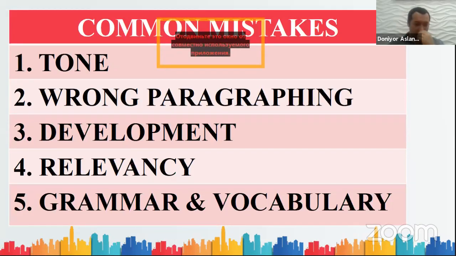And grammar and vocabulary, it also happens. If you have some minor grammar mistakes, it's okay. Sometimes I know some examiners who don't pay attention to that part very strictly. If you have some minor grammar mistakes, it depends on the level of your grammar and vocabulary mistakes.